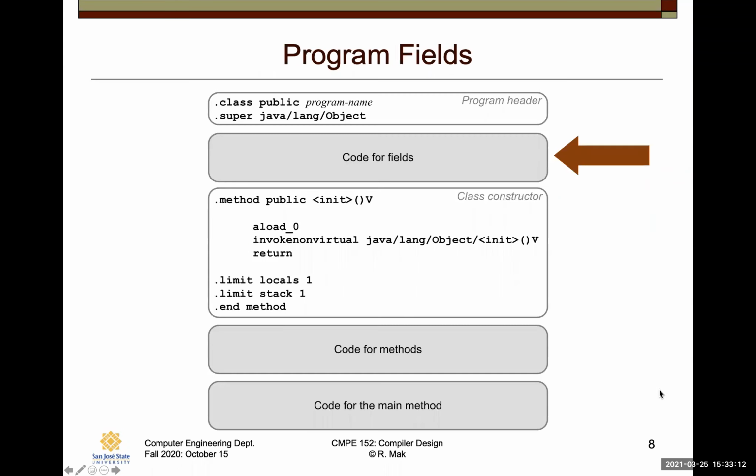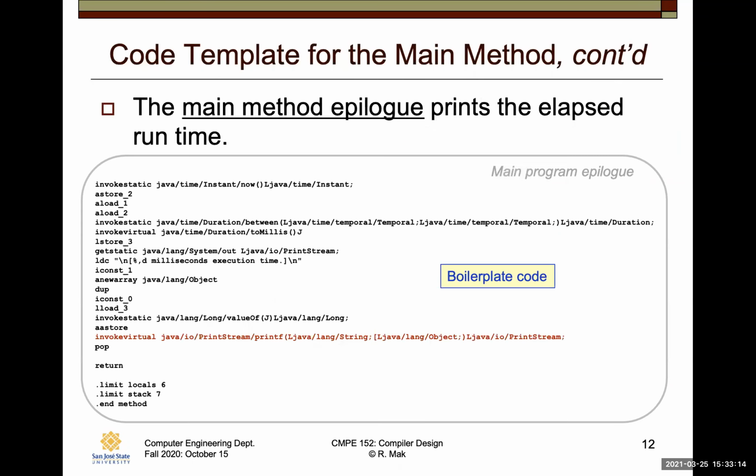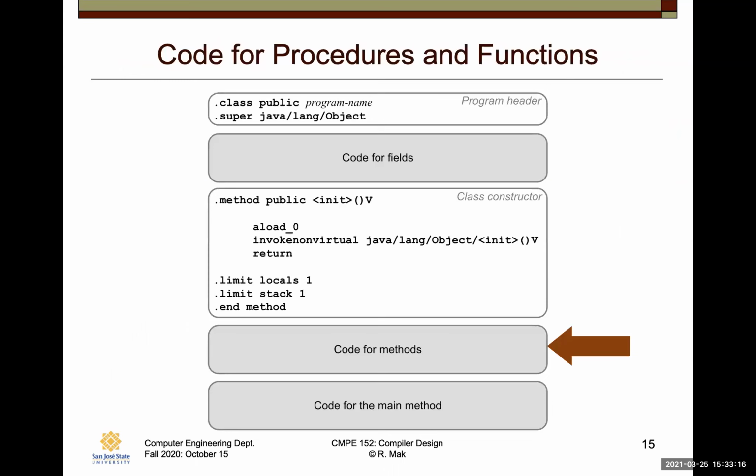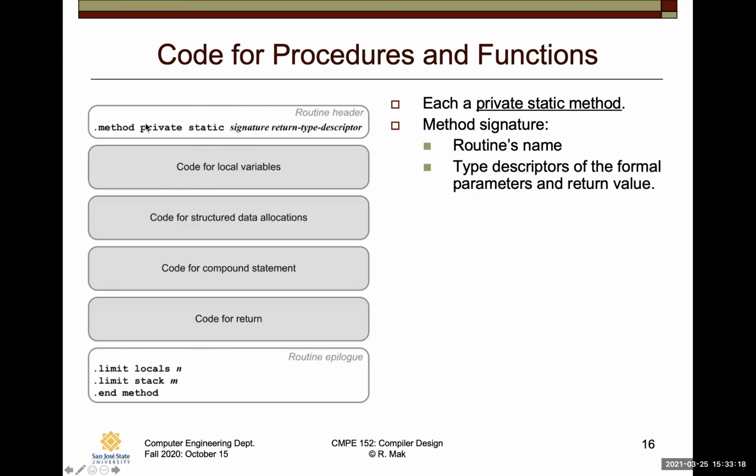Okay, so that's what this is. Code for the local variables basically says you're saying what slot number each variable has.